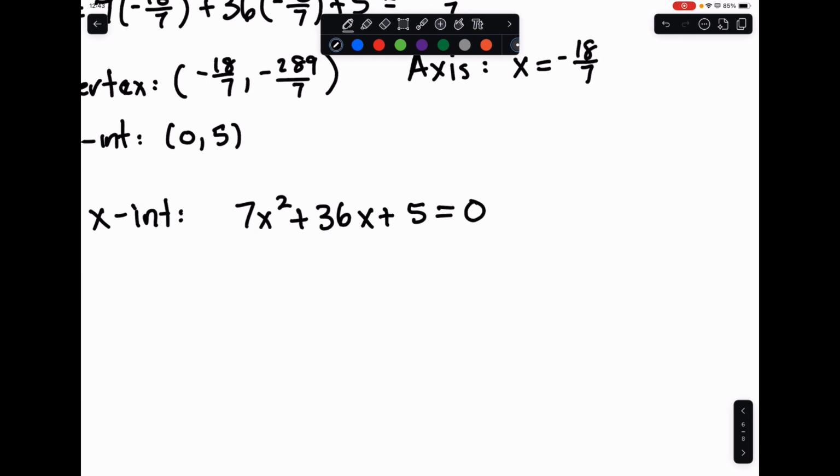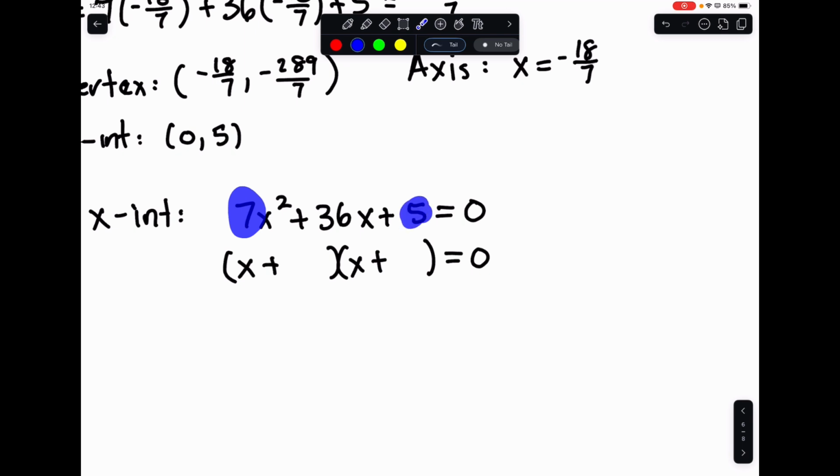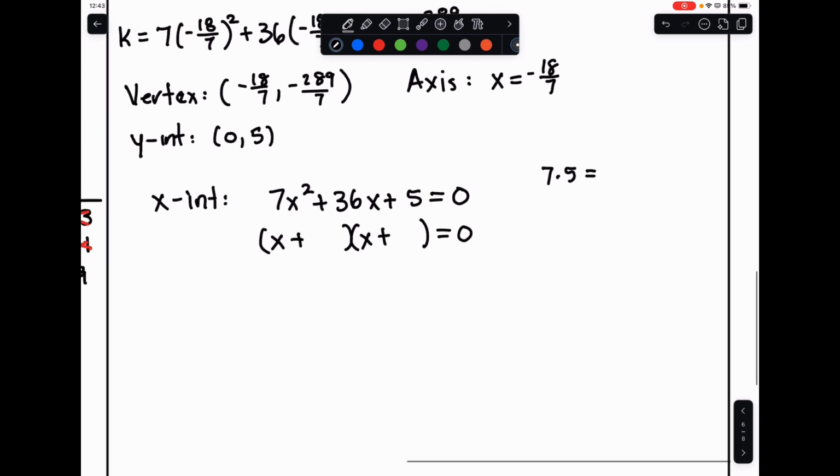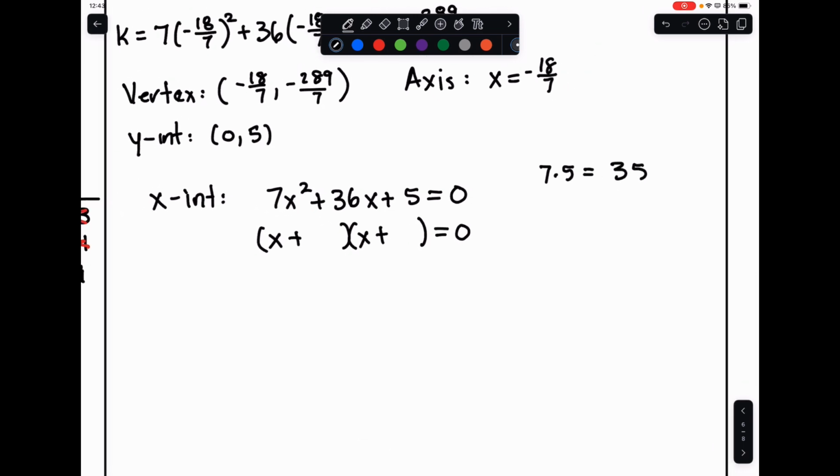Because it's a quadratic trinomial, we're going to break it up into its linear factors. So x plus, and we're going to multiply this leading term with the constant, which is going to be 35. So 7 times 5 is 35, and we're looking for the factors of 35.